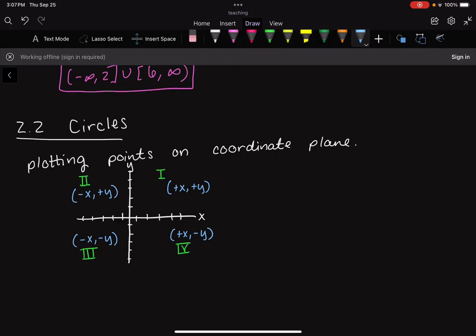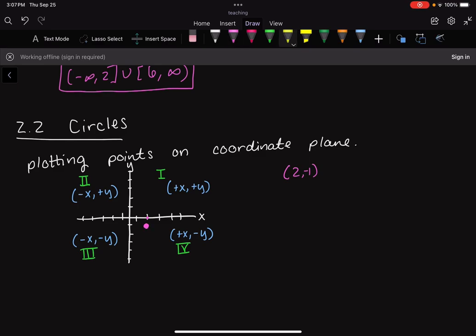So just a quick little showing of how to plot some points. If I plot the point, say, (2, -1), that's the x value of 2, so I come over to 2, and then I need to go down 1, because that's the y value.